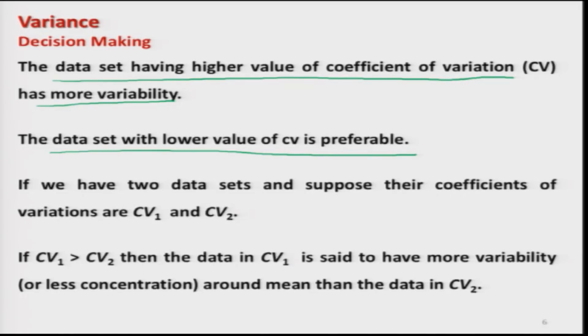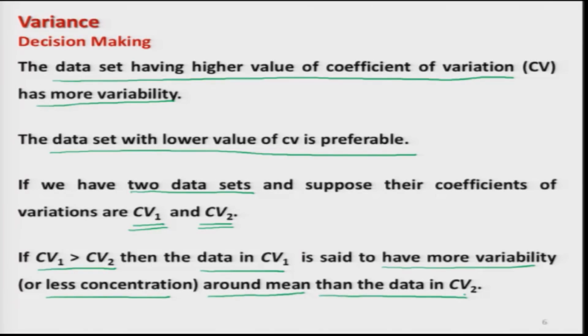For example, if I have two data sets and suppose we have computed their coefficients of variation as CV1 and CV2, then if CV1 is greater than CV2, we say that the data in the first data set has more variability, or less concentration around the mean value, than the data in the second data set. And similarly, if CV1 is smaller than CV2, that means the data in the first data set has a smaller variability than the data in the second.